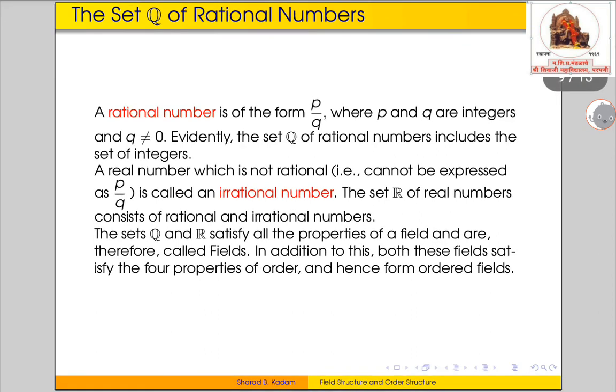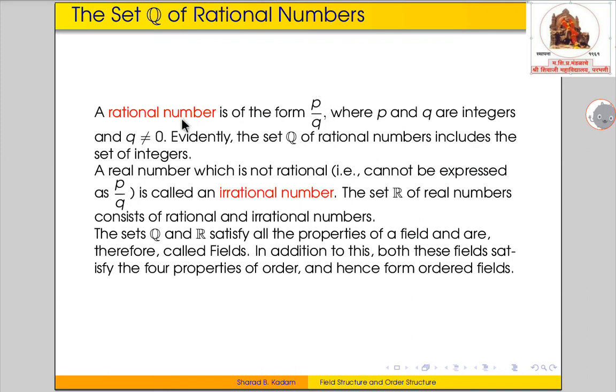Next we have the most important set of rational numbers. It is denoted by the notation script Q. Here this Q stands for quotient because every rational number is in the quotient form. Here we have p by q in the quotient form.